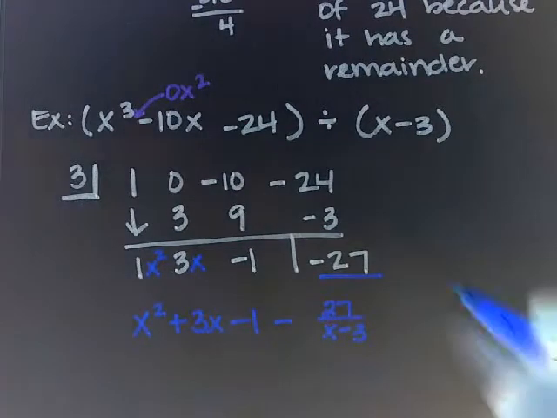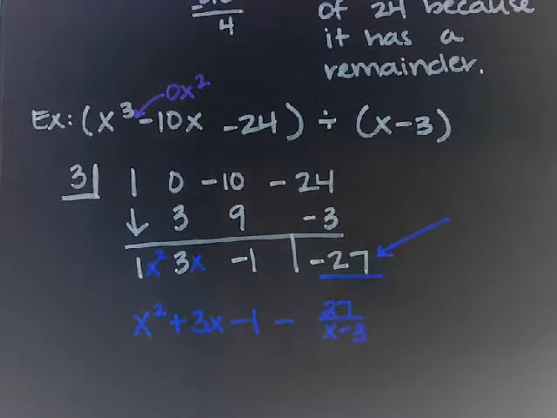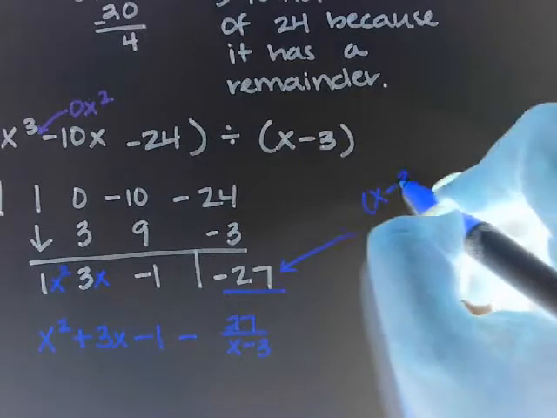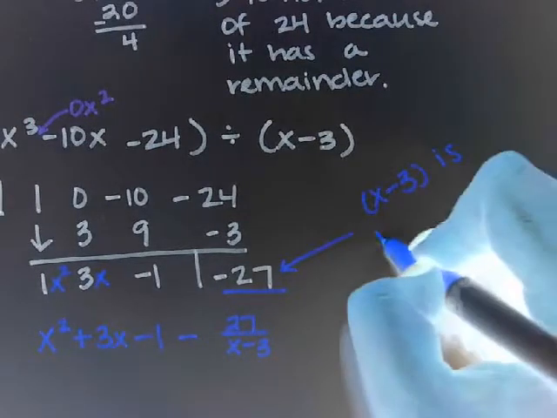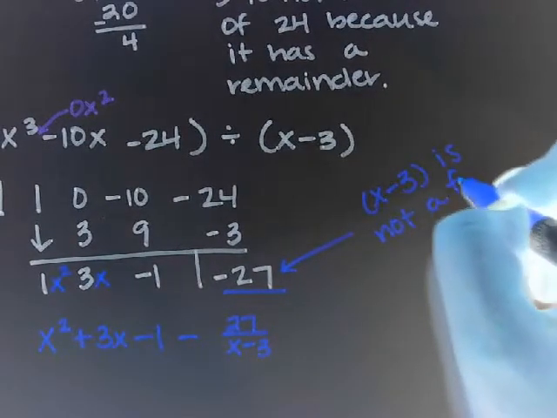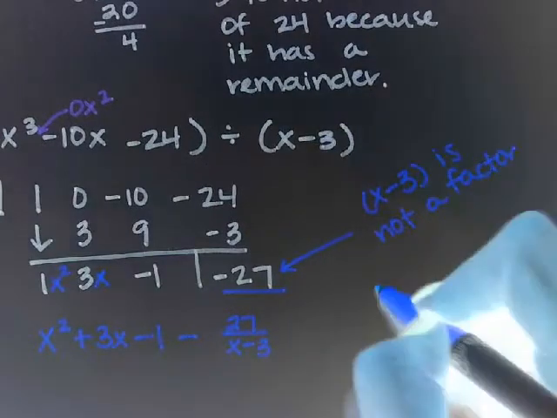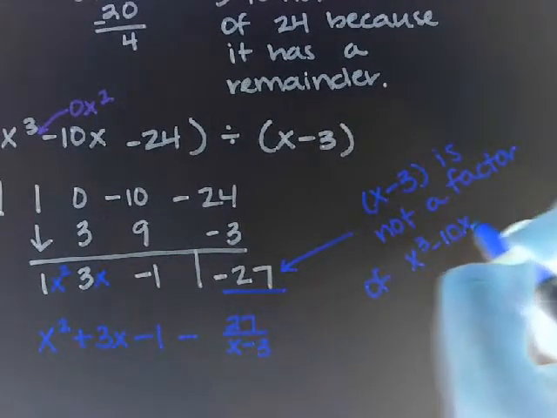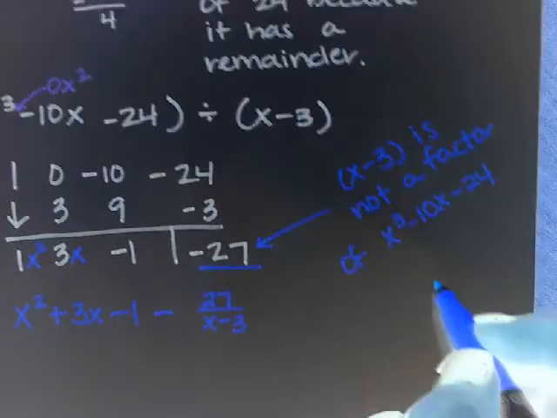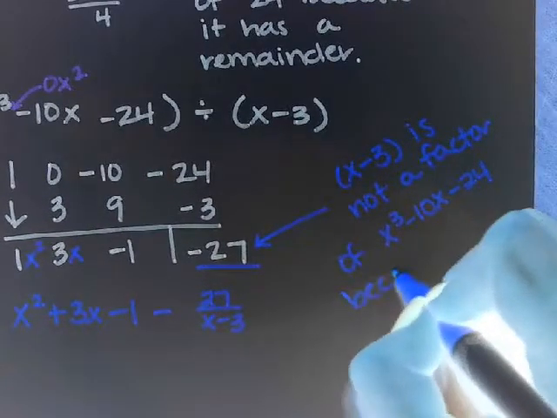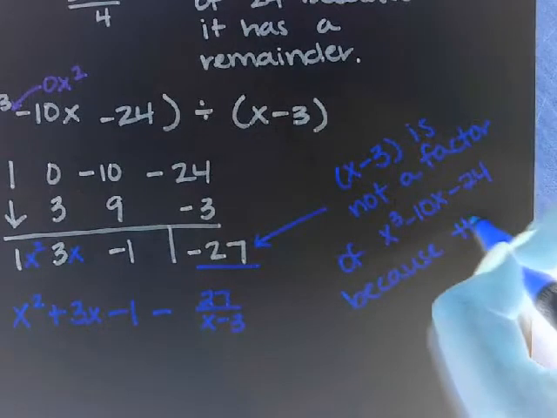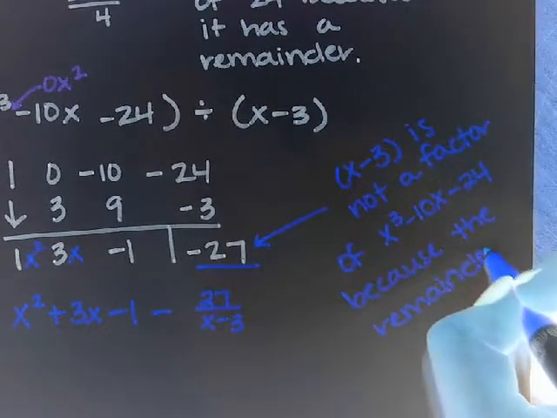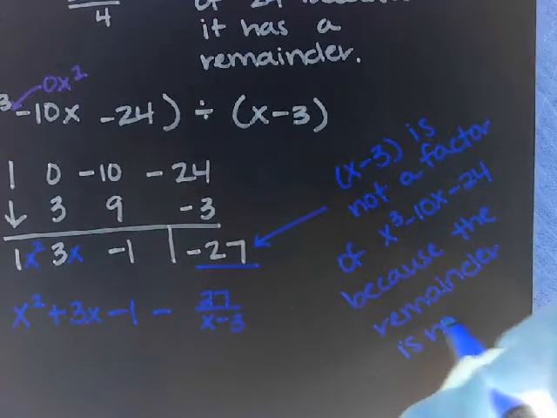So we would say, looking at this right here, looking at that remainder of negative 27, x minus 3 is not a factor of x to the third minus 10x minus 24 because the remainder is not 0.